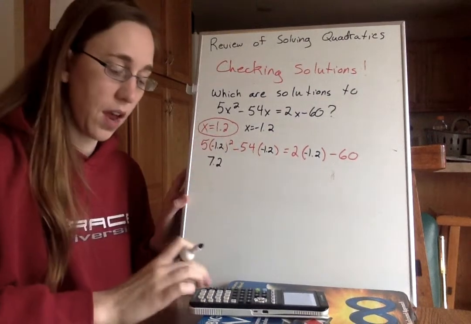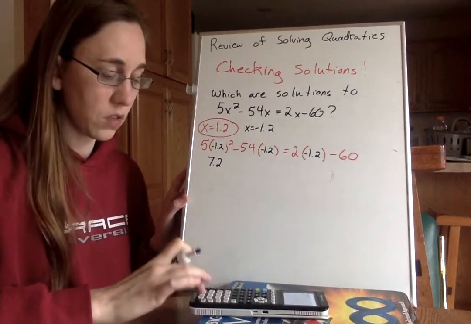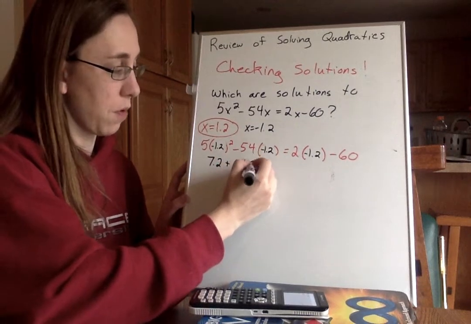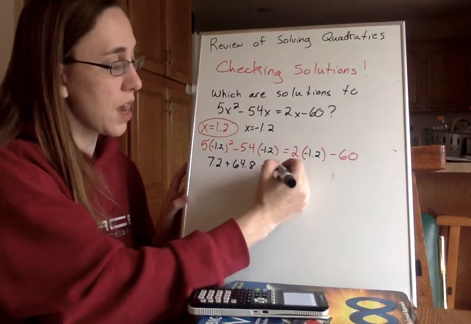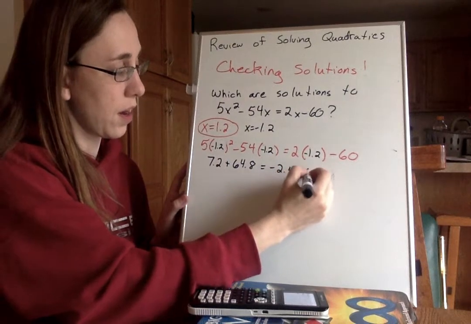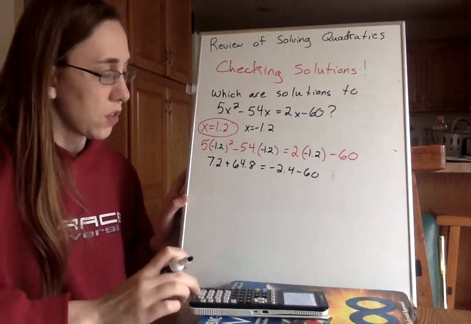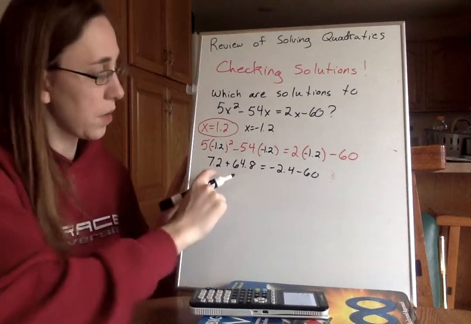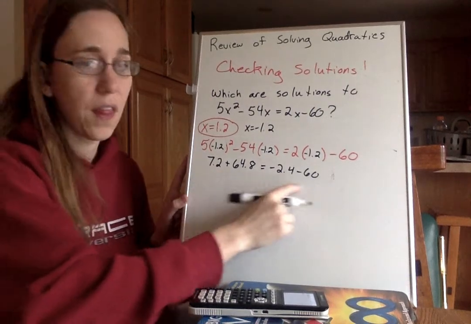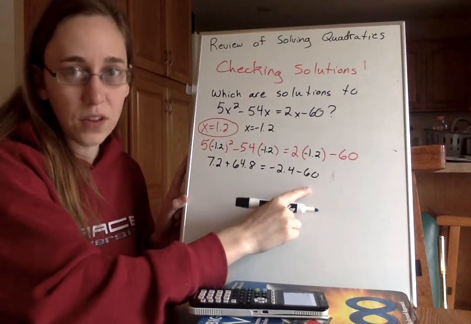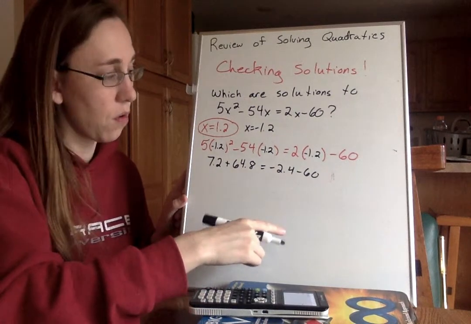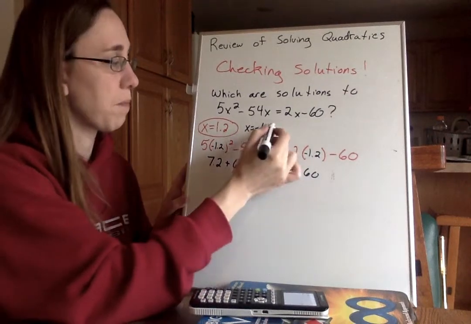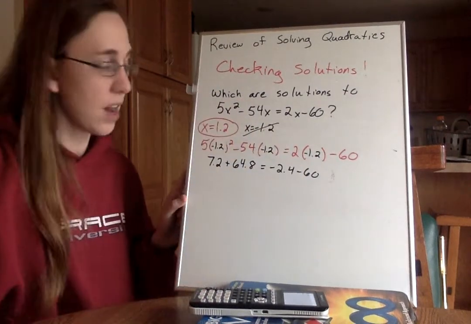This time, since we're gonna have a negative times a negative, it's going to become a positive 64.8. Here we're gonna get a negative 2.4 and a negative 60. So looking at it right now, you might know, okay, that's not going to work because this side everything's positive, this side everything's negative. So you can keep going and prove that they're different, or just keep in mind, this is all positive, this is all negative. Obviously, they're not the same. So that one did not work.